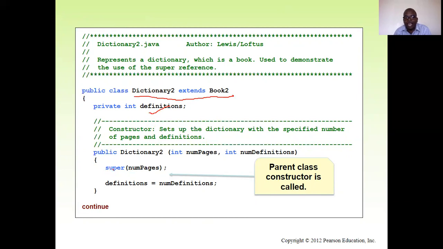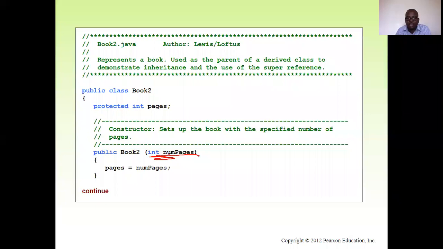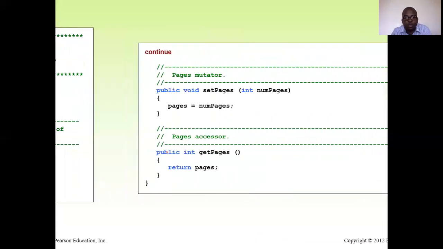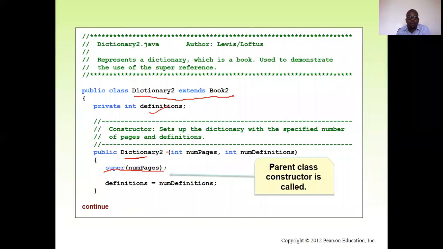Notice the first line in my dictionary constructor. The first line is super, which calls the constructor in my book. Notice the constructor in my book 2 takes in 1 value, which is an integer. So when I call super inside of my child class, I have to pass in the same parameter, which is of type int.